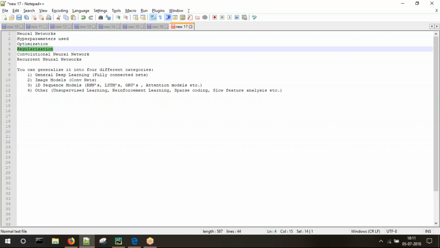And of course, then there is regularization. As I've already told you, it is important to make your model generalize well, not just to your training data, but let's say to real world data as well. So in that sense, regularization comes into the picture, because you need to make sure that your model is able to generalize well, and not just perform exceedingly well on the training set and not that well on the test or the dev set.